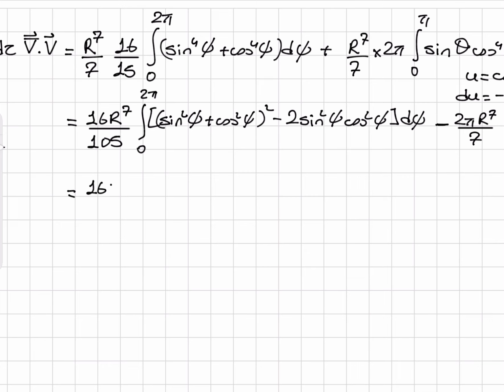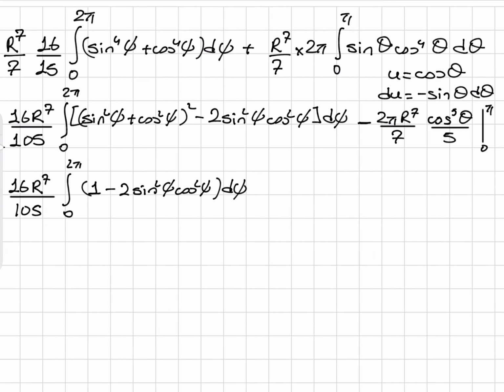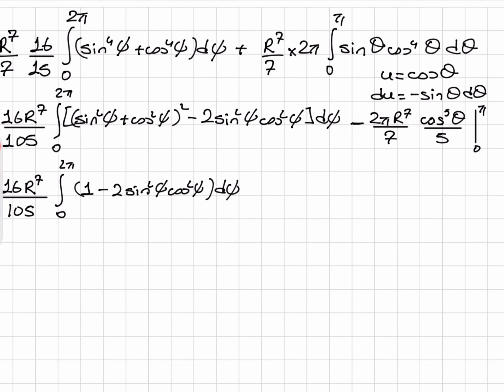Okay, and this is going to become 16 capital R to 7 divided by 105, integral from 0 to 2 pi, sine square plus cosine square is 1, so it is 1 minus 2 sine square phi cosine square phi d phi. And here I have, for pi I obtain minus 1, and for 0 I will obtain 1, minus 1 minus 1 will be minus 2.